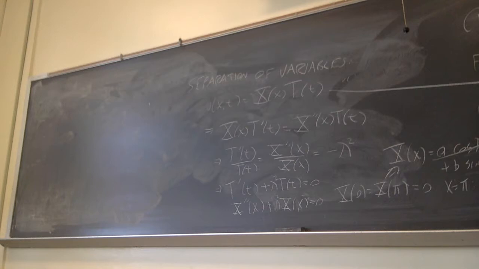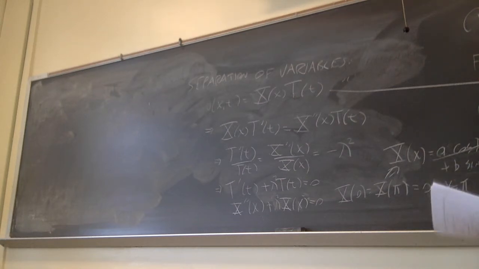So the only way that can work is lambda, actually, a natural number. So not 0. So in other words, this leads to a family of solutions that work with the boundary conditions.